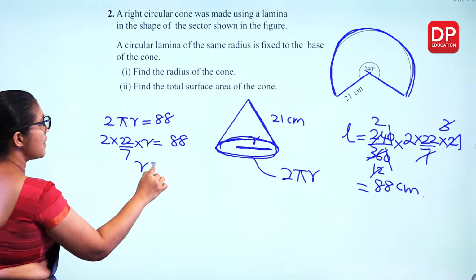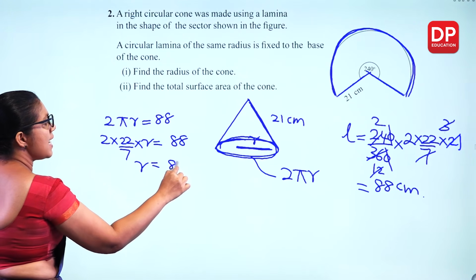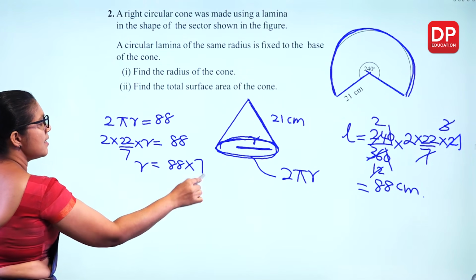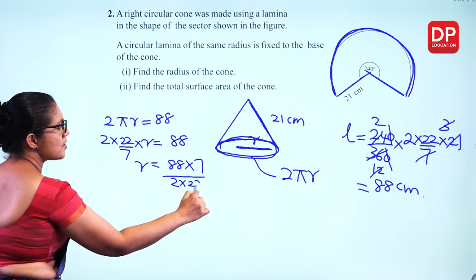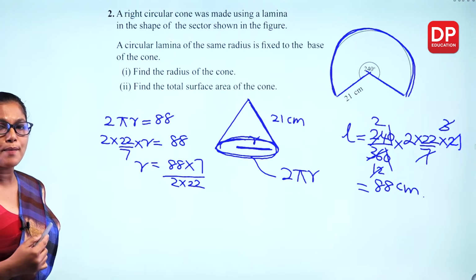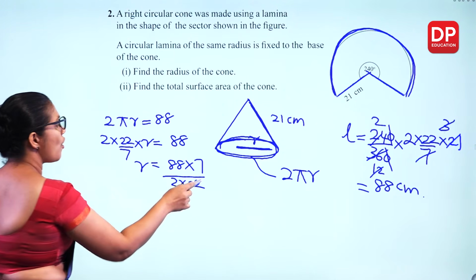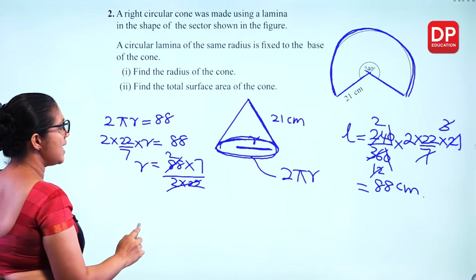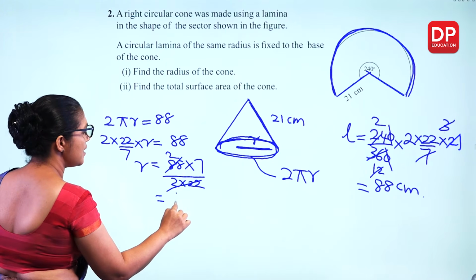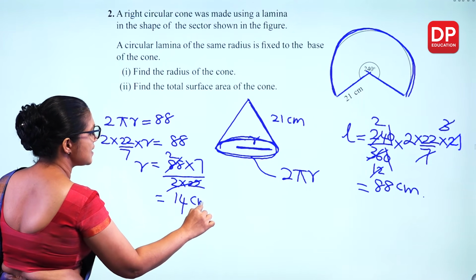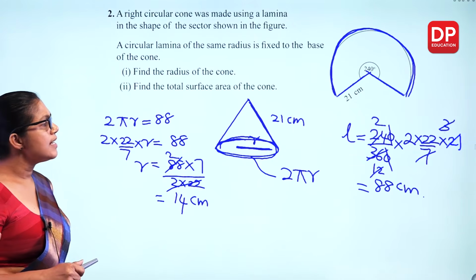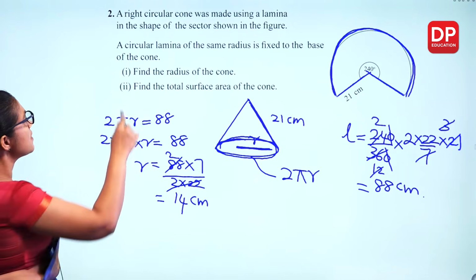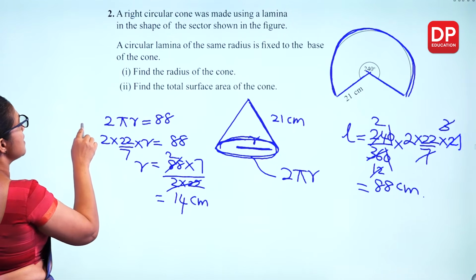So the radius becomes 88 multiplied by 7 and divided by 2 times 22. So 2 times 22 is 44. 44 times 2 you get 88. 2 times 7 you get 14 centimeters. So the radius of the cone becomes 14 centimeters.